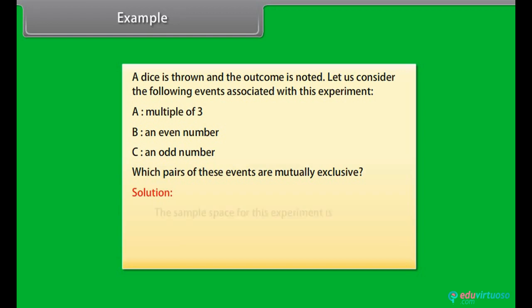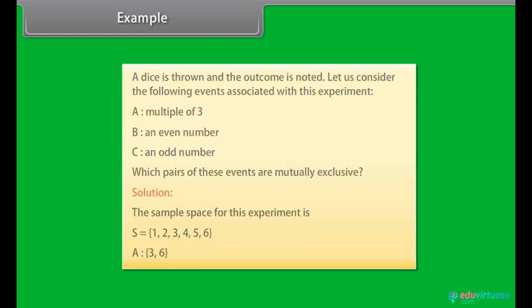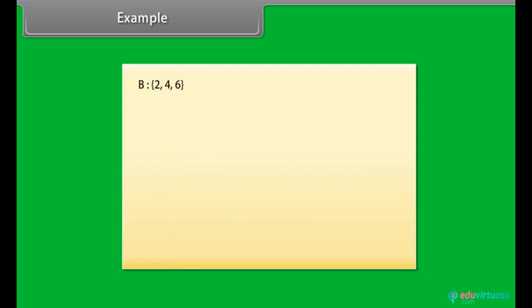Solution. The sample space for this experiment is S = {1, 2, 3, 4, 5, 6}. A = {3, 6}, B = {2, 4, 6}, C = {1, 3, 5}.